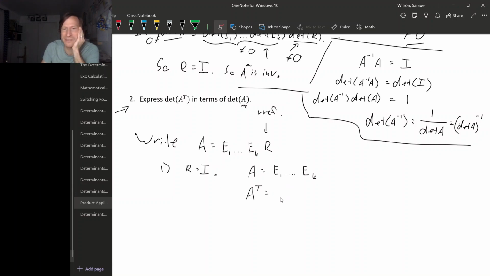One thing about the transpose that we figured out is that the transpose of a product is the product of the transposes, but in the other order. So A transpose is E sub K transpose times dot dot dot up through E sub 1 transpose. And the thing about elementary matrices is that if you take the transpose of an elementary matrix, you get another elementary matrix.